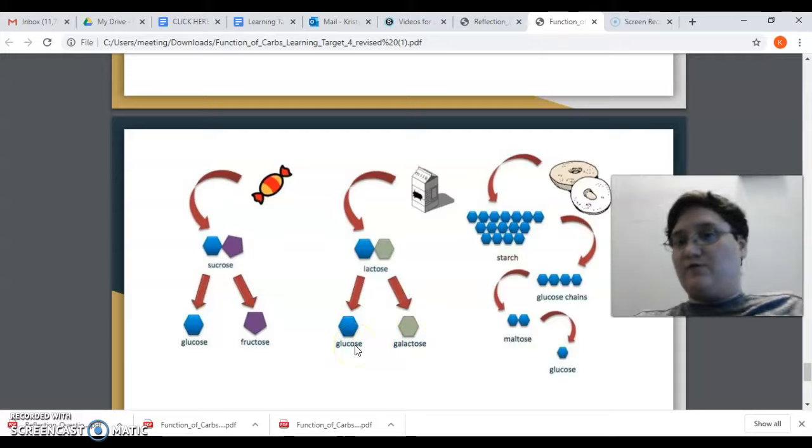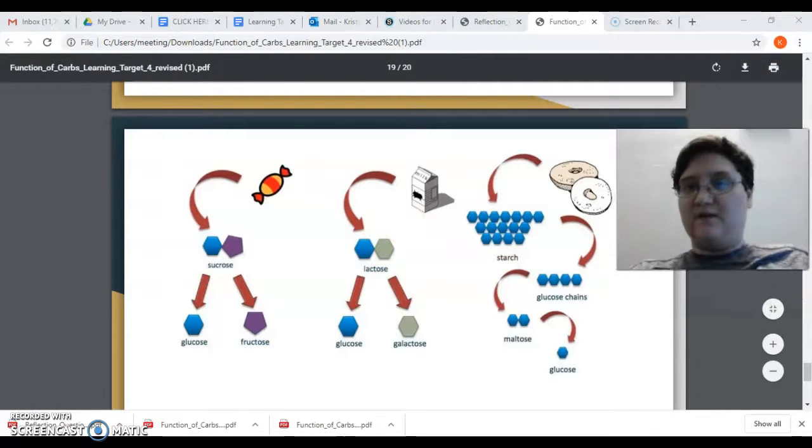And remember, I told you in the last video that if you don't, your body stops making that enzyme lactase. It's called lactose intolerance. And then these don't break down into glucose and galactose. They stay like this, and then it's really hard to digest them, and you get not so pleasant stomach pain.